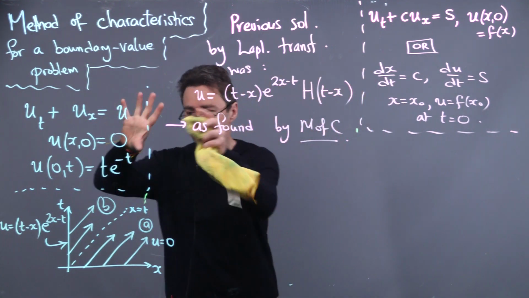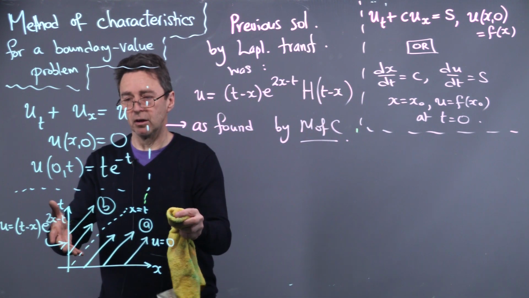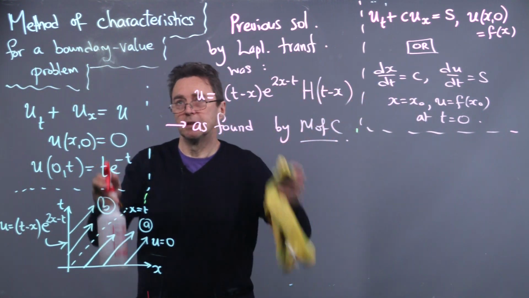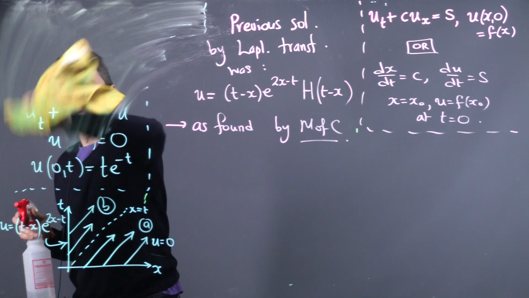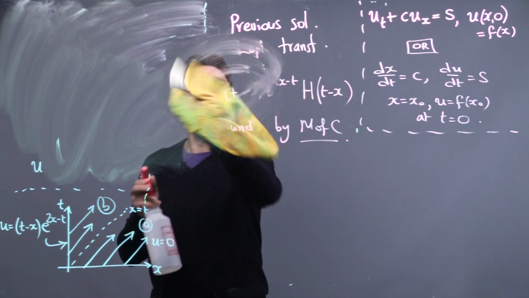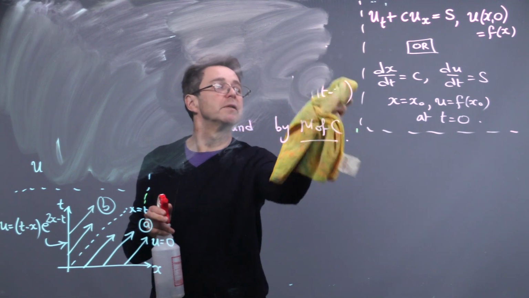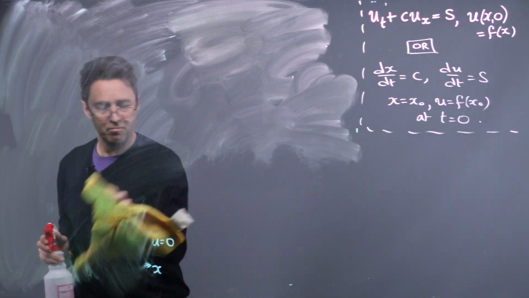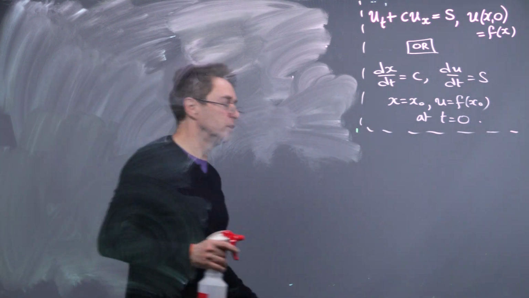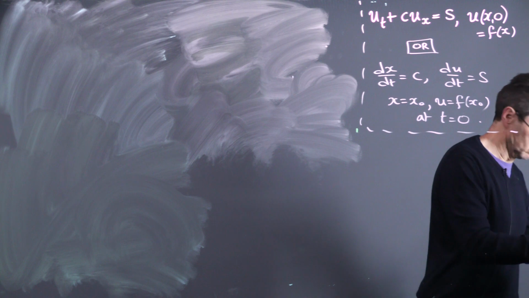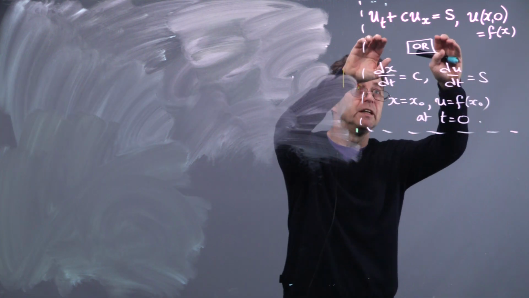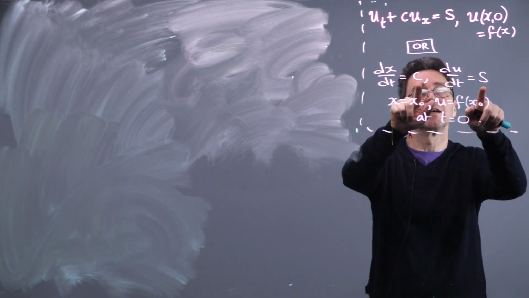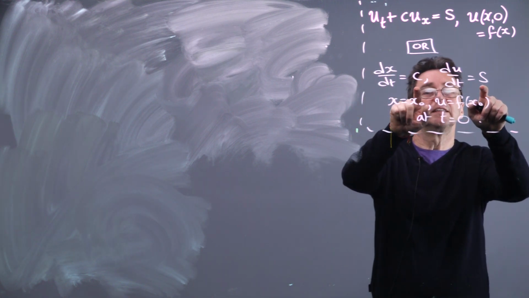All right, now I'm going to go back to the generalities of this set of equations, and I'll go back to doing things on the infinite line. Right, so I'm going to abandon the boundary conditions thing a little bit. So let's get rid of this. Now, what we said to begin with was that we're going to make up this method of characteristics, and essentially it's merely a question of changing variables. That's how it worked. We just change variables in here to get to there. And to begin with, we had c and s being constants, then we allowed them to be a function of x and t.